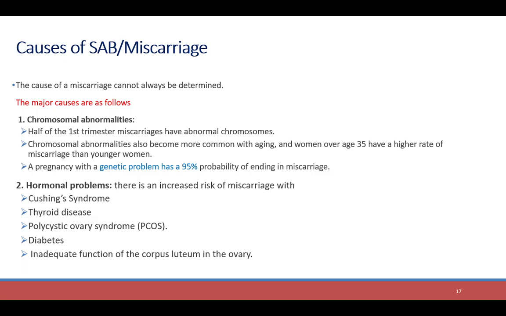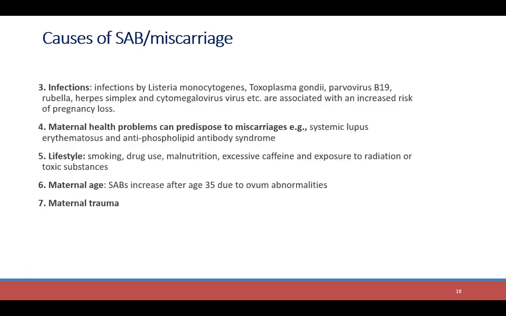The most common one is chromosomal abnormality, and clinically the most important one actually is hormonal problems. Remember that there are some diseases that can end in abortion or miscarriage: Cushing syndrome, thyroid diseases, polycystic ovary syndrome, diabetes, and dysfunction of the corpus luteum and so on. Infections are also a cause for miscarriage.